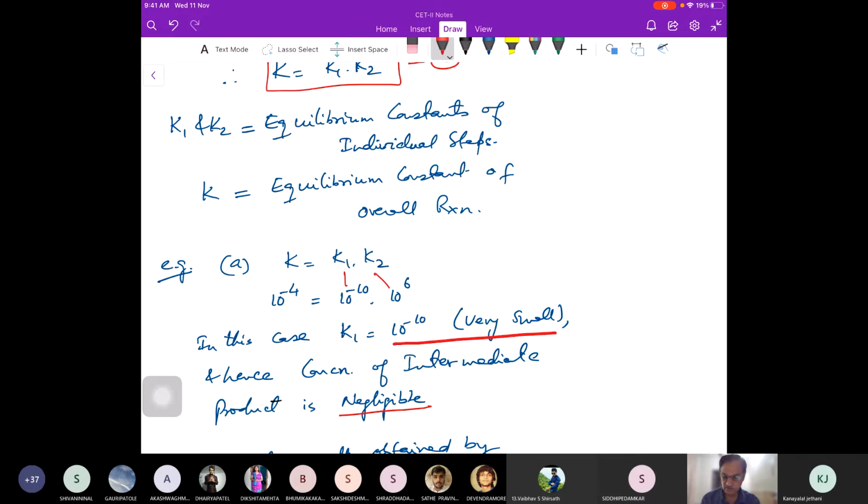यानी बहुत कम reaction हो रहा है इसका. K1 is very small, and hence the concentration of intermediate is negligible, because K is nothing but product upon reactant.